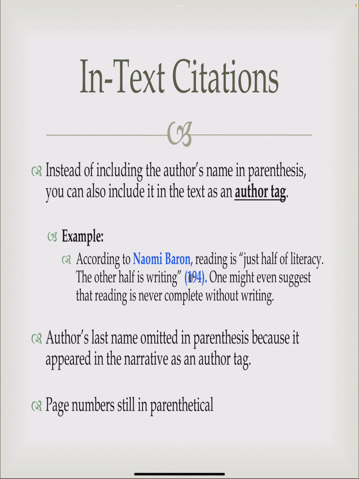So if I were going to go to the works cited, I would look first for Barron, and then within that source, I would go to page 194, if I wanted to check it, for example. The author's last name is omitted from the parentheses here because it appears narratively, but the page number is still in parentheses.